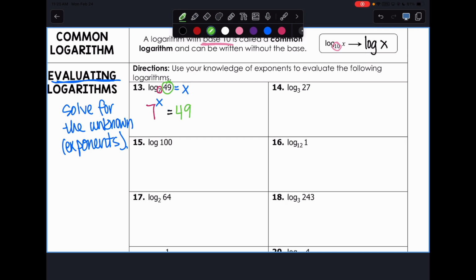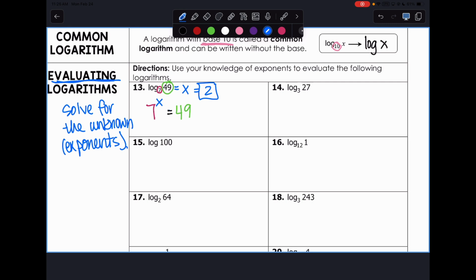So what's my x? 2. There we go. So this equals 2. Log base 7 of 49 is equal to 2, because 7 to the second power is equal to 49. It makes the argument true. Makes the answer true.